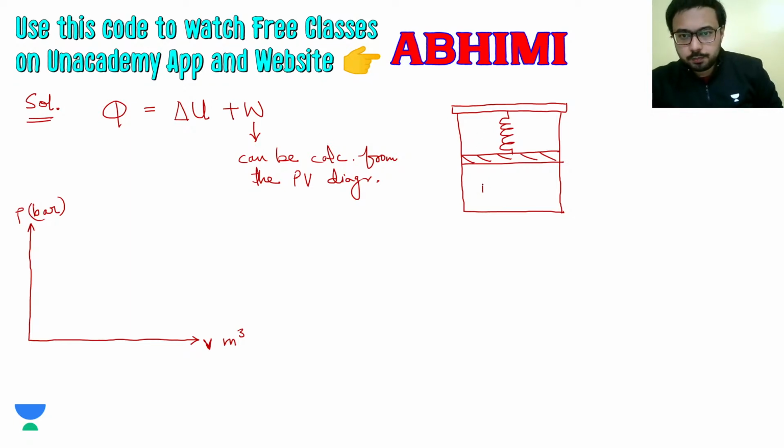So this is air, the spring constant is 15 kilonewton per meter, and this is the piston.